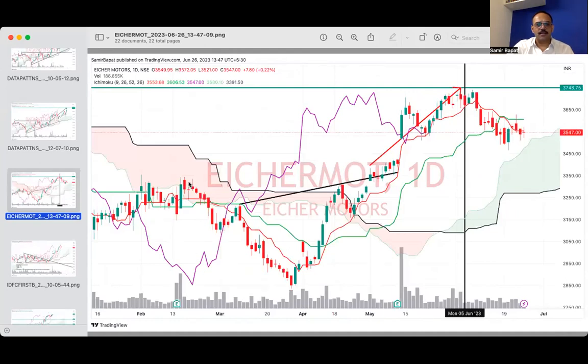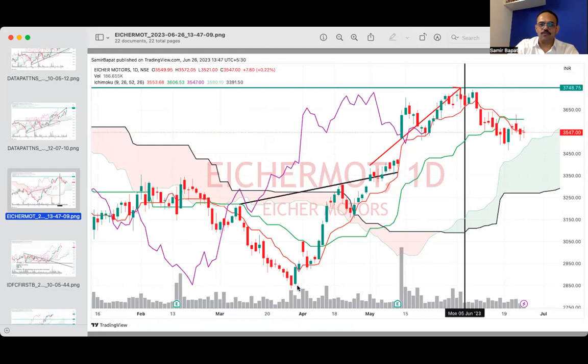This is AER motor. You can see the AER motor, right? It went down, it went up, then again it went up, it went down and went up. Volume profile, because it's an old picture, I cannot tell. I have just taken the picture for some examples. This is where the breakout will happen.